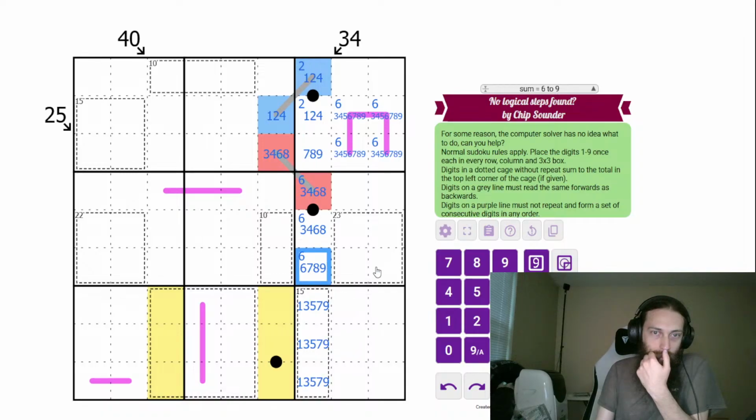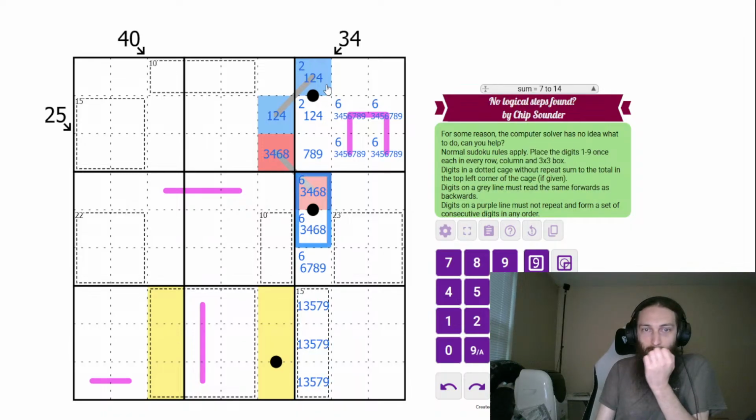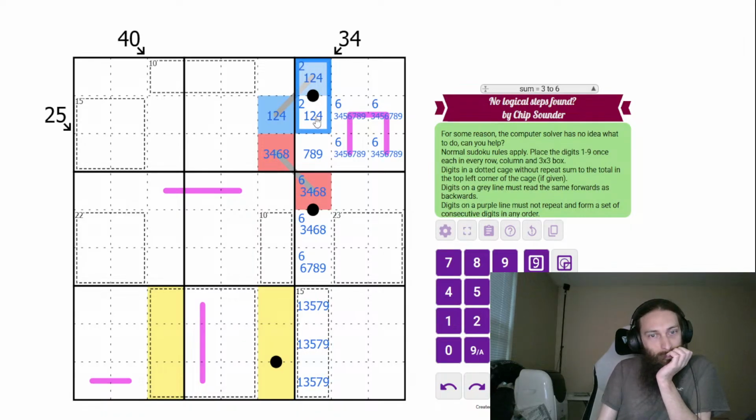Well, wait a minute. No, I was putting the 9 in the wrong spot, because if one of those is 9, then the 15 is 3, 5, 7, which would make this 4, 8, and 1, 2. So the 6 pairs with the 9, and the 8 pairs with the 7, or the 7 pairs with 8.